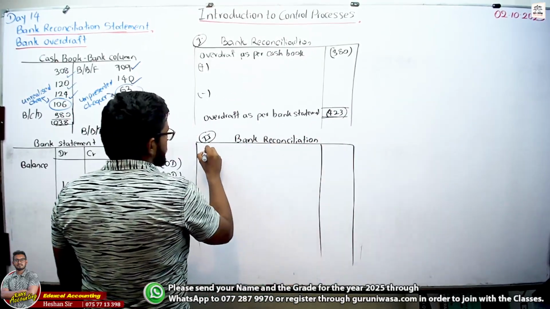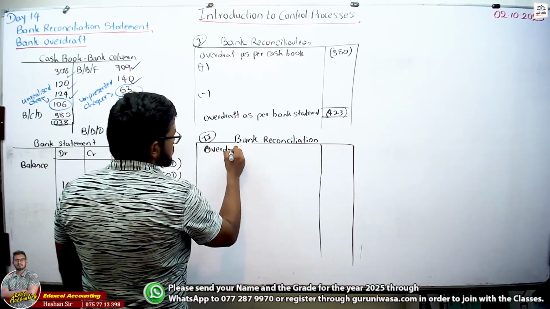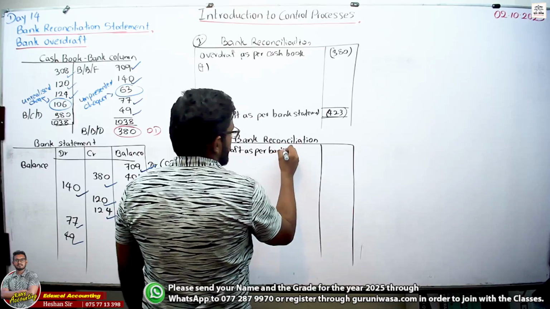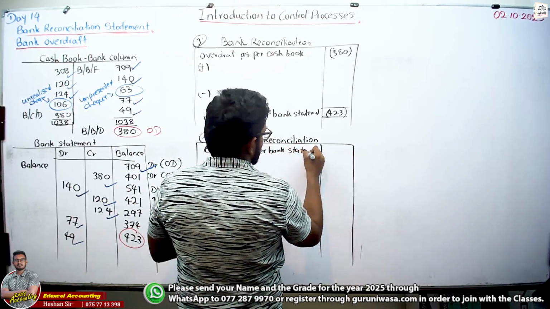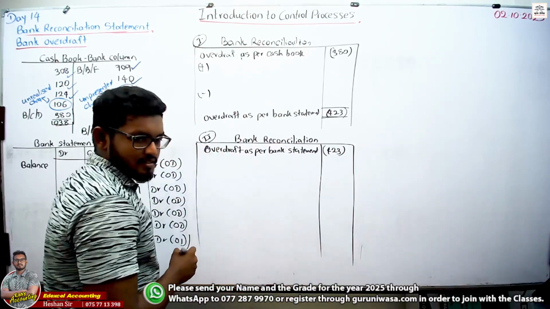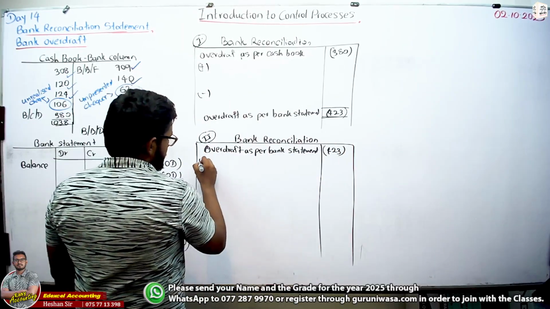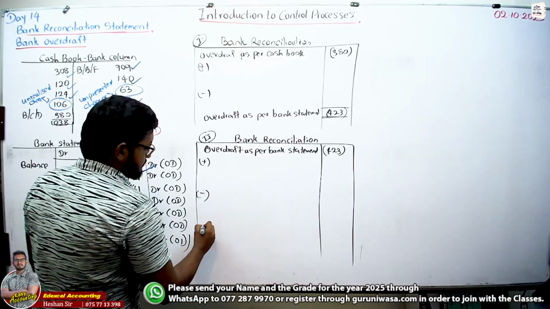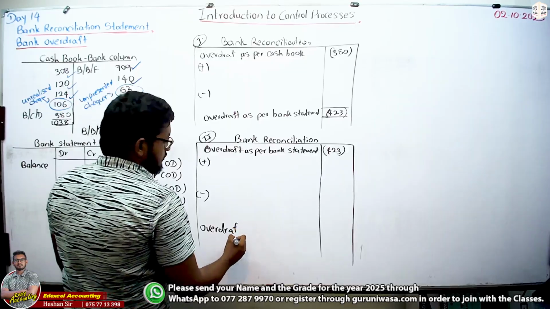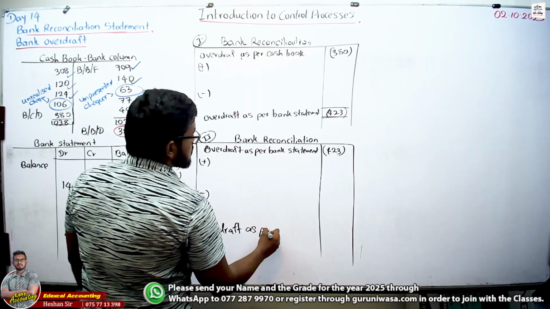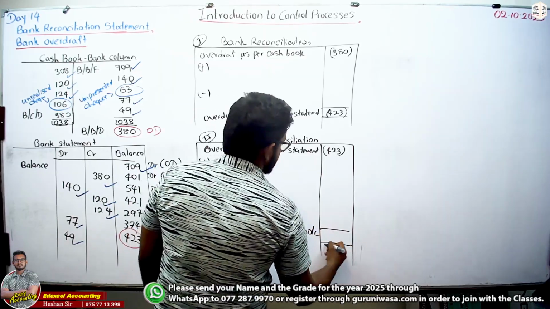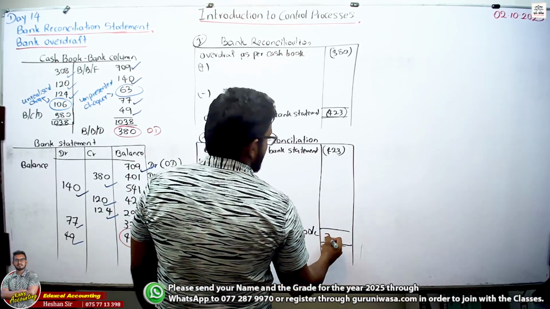If I take the second way, overdraft as per bank statement on top, here no plus minus, then overdraft as per cash book. Our final answer should be 380.